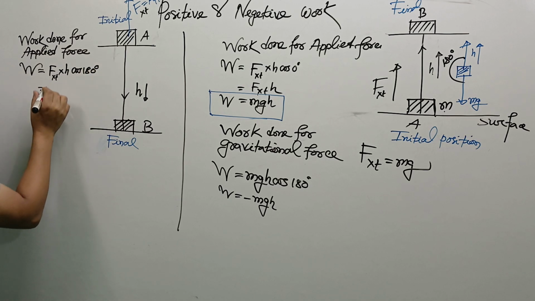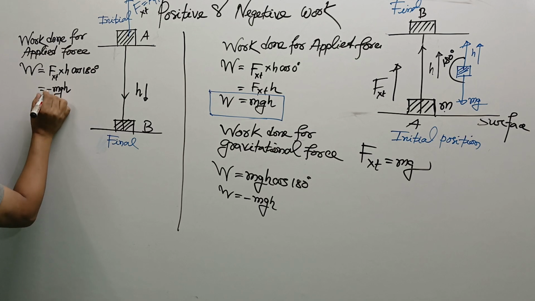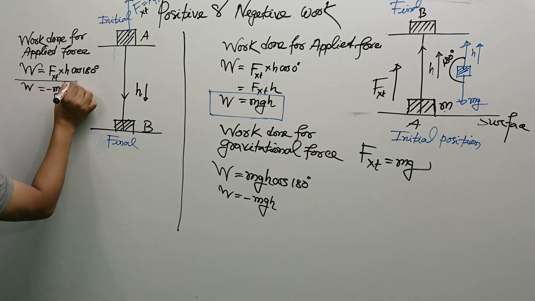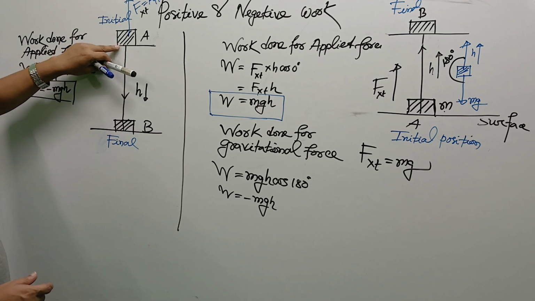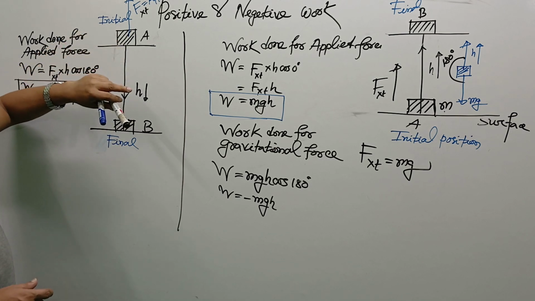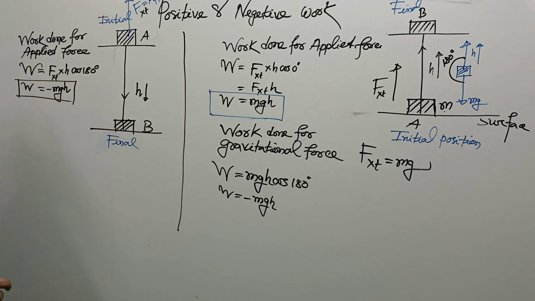The value of the external force will be mg, and the value of cos 180 will be negative. In this situation the work done will be negative. So when we take any object from a height of h meters from the ground level, and take the object from A to B, then the work done will be negative.